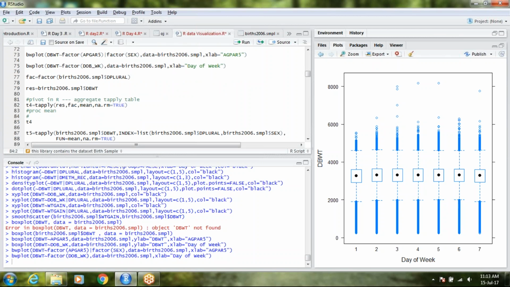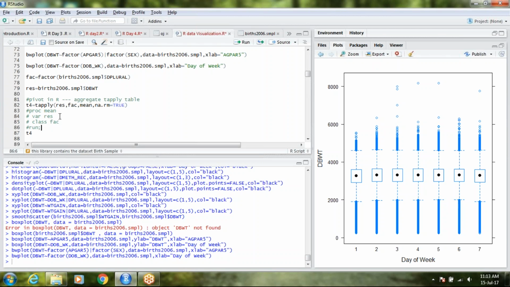Then my variable would be this, my class would be fac, so this factor would be my class, and then a run statement.